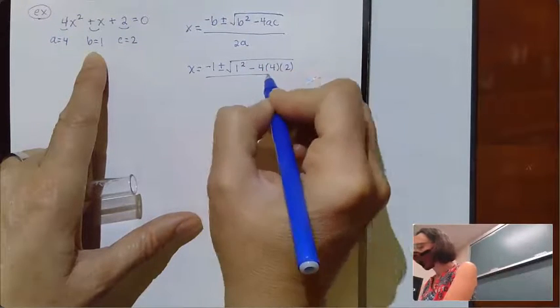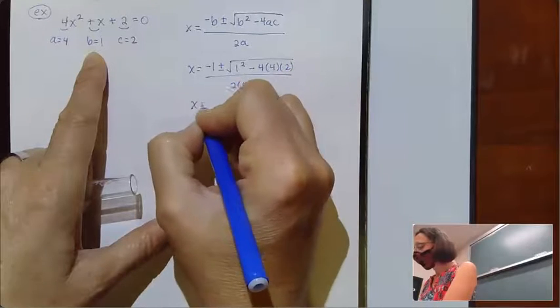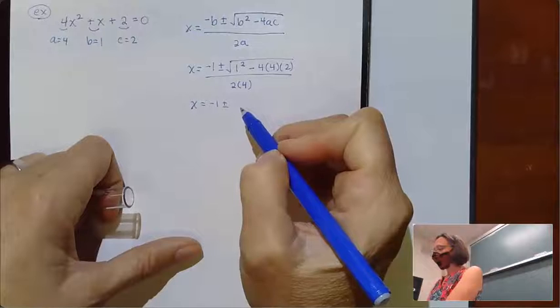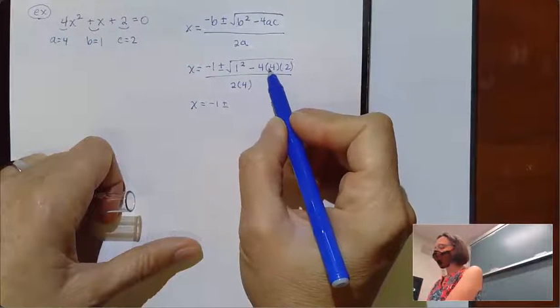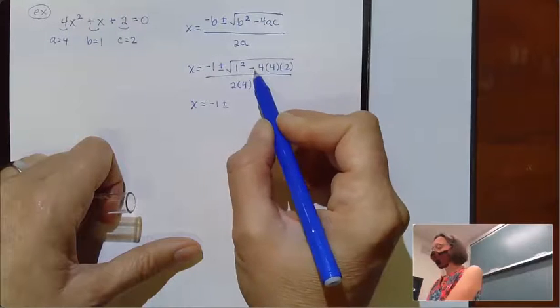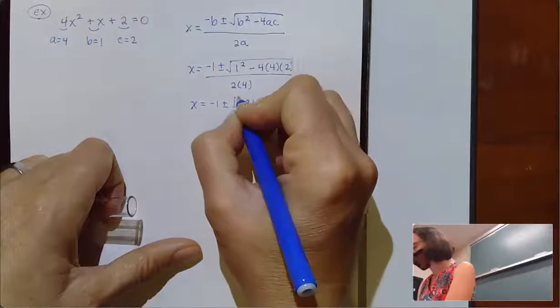And then that whole thing will be over 2 times 4. So if I clean this up inside that square root, that's 1 minus 4 times 4, that's 16 times 2, so 32. So I've got 1 minus 32, which means I've got the square root of -31.